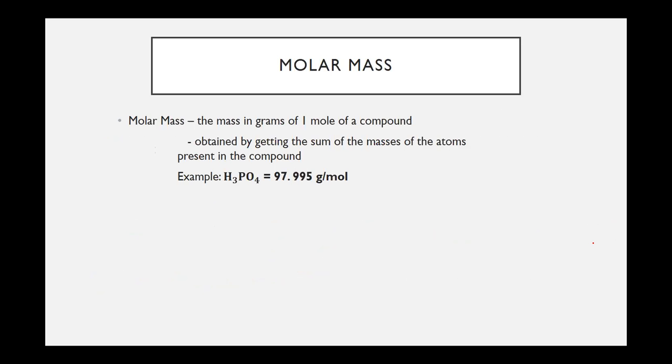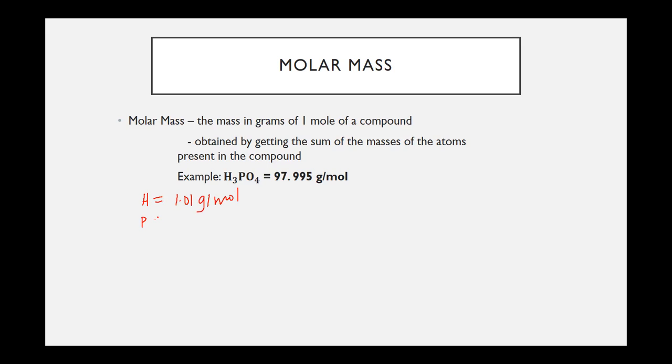Next, computing for the molar mass. Molar mass is the mass in grams of 1 mole of a compound. It can be obtained by getting the sum of the masses of the atoms present in the compound. Para ma-compute natin siya, we have here hydrogen. Ang molecular weight ng hydrogen ay 1.01 grams per mole.